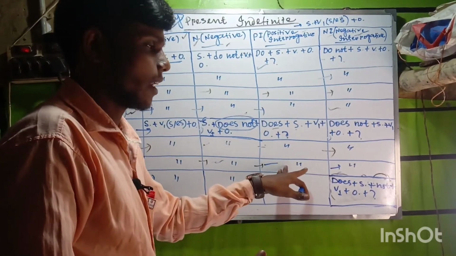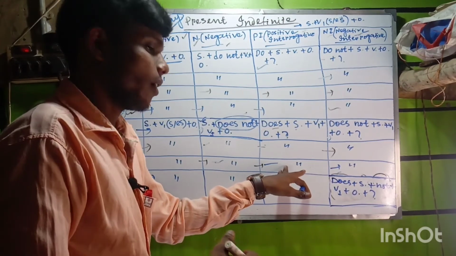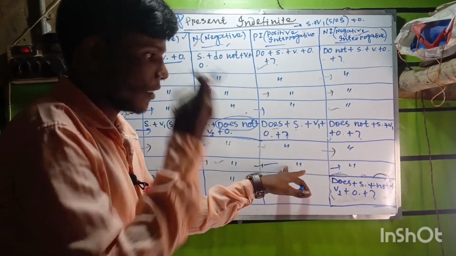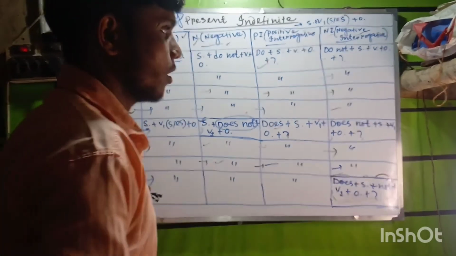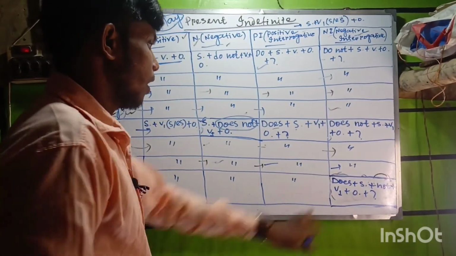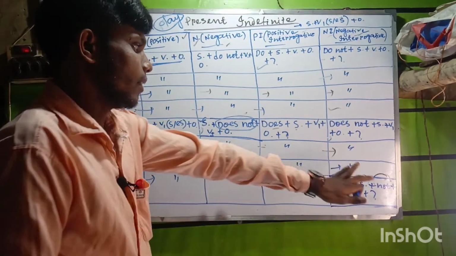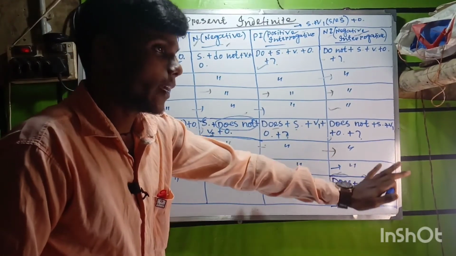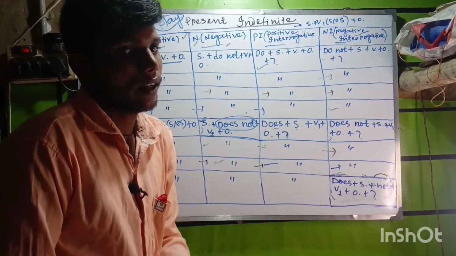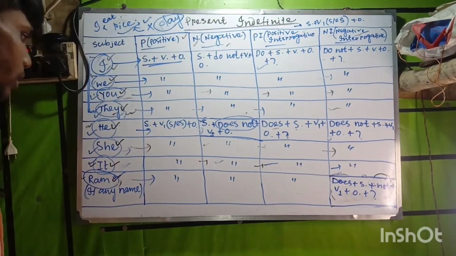If I extend the sentence, does it play chess? Does it play cricket? Etc. And the next negative interrogative also, doesn't it play? If I extend, doesn't it play volleyball? Doesn't it play football? Etc. Whatever you can do.